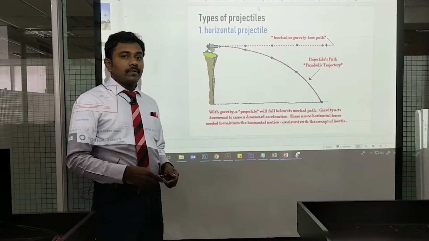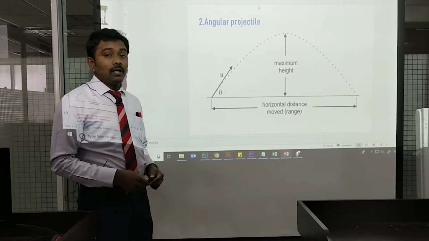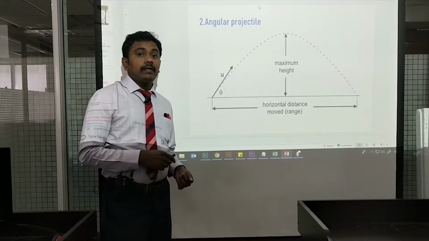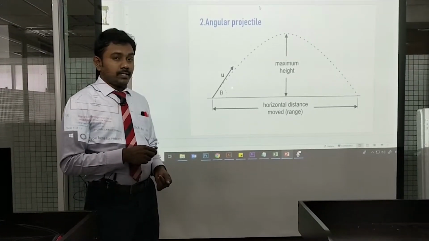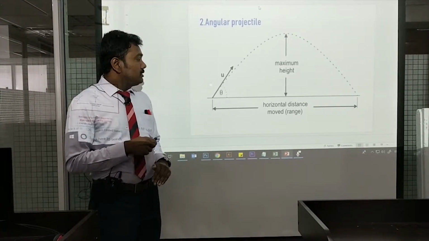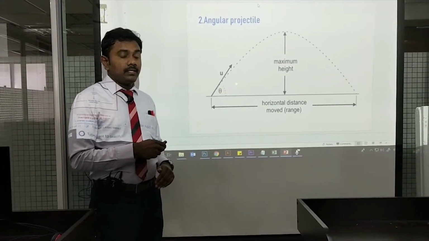The second one is the angular projectile, which is launched at an angle theta to the horizontal. From the ground level, this projectile is launched at an angle theta.